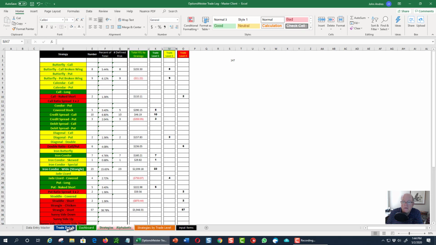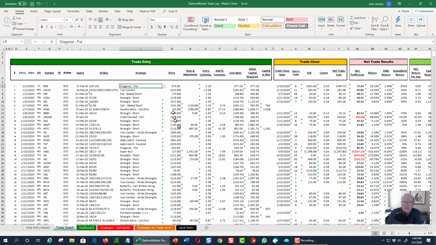If you go in here, you'll get a drop-down menu, and you just scroll up and down and find, like, this one was a diagonal put. You just click that on, and by using that drop-down menu, and I'll show you another little shortcut, you'll get that data on the strategies by trade level and alphabetic. So let me go into that a little bit later.